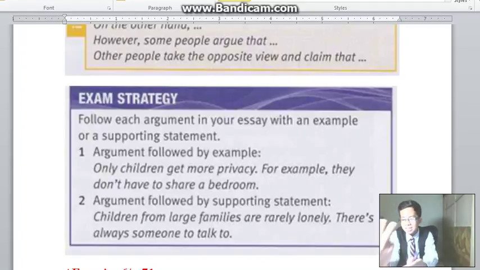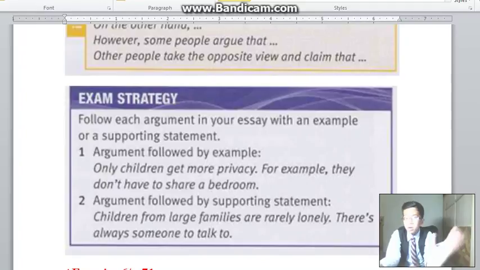And the second one you can do is argument followed by a supporting statement. Example: children from large families are rarely lonely. There's always someone to talk to. So you can put the argument first or after the supporting statement.